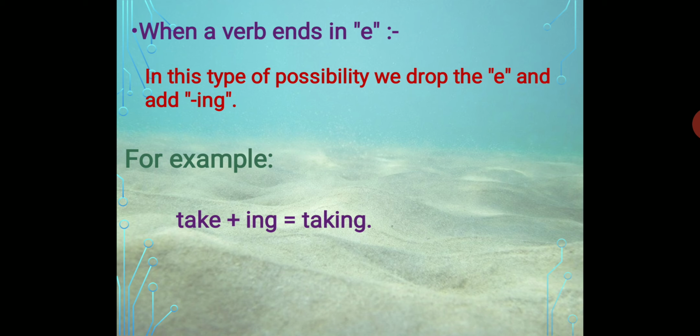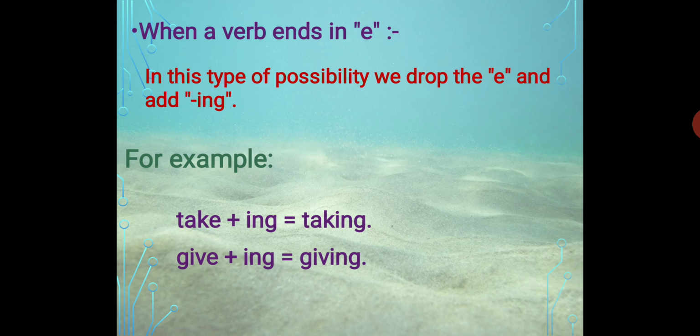Here we can apply the above rule, we remove e from the verb. What is the verb? Take is a verb. We remove e. So which letters remain? T-A-K. And then we add ing to it. So it will be taking. T-A-K-I-N-G. Taking.